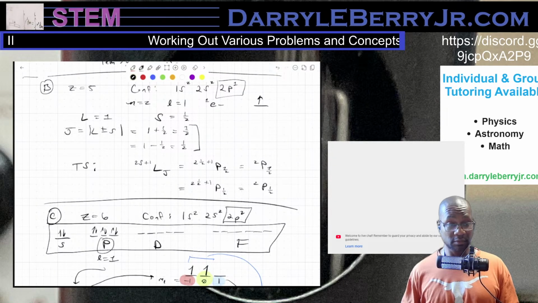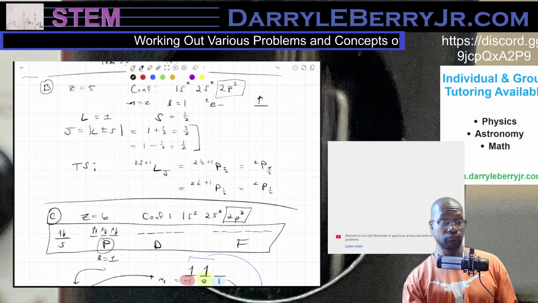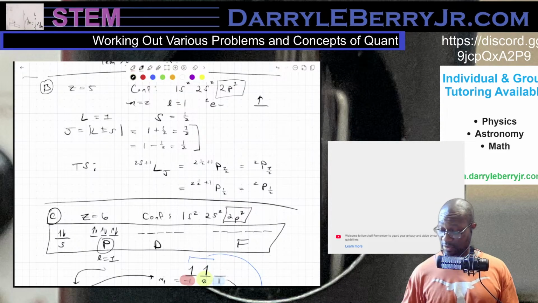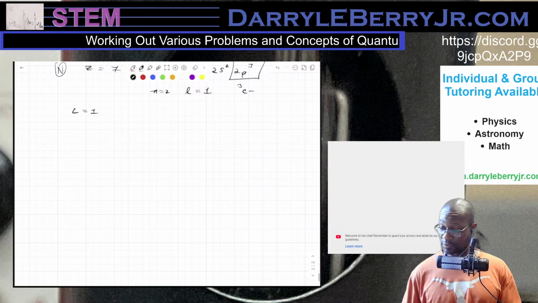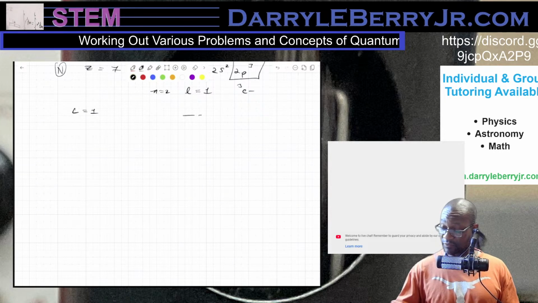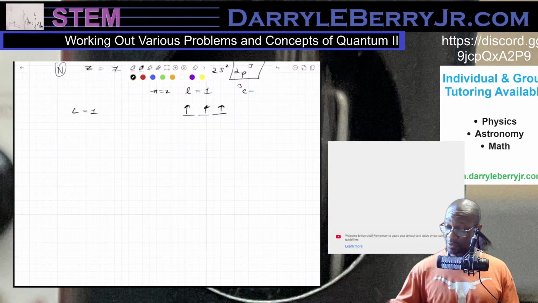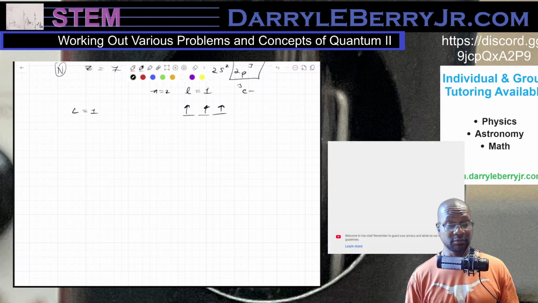Oh, so this is interesting. We have 3 unpaired electrons, but since we have to fill up the lower orbital first, it seems they're all going this way. They seem to go up first.